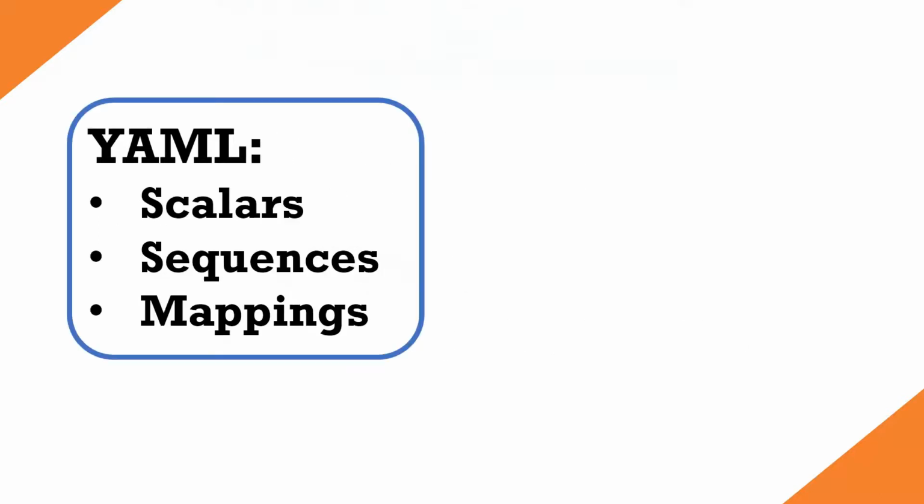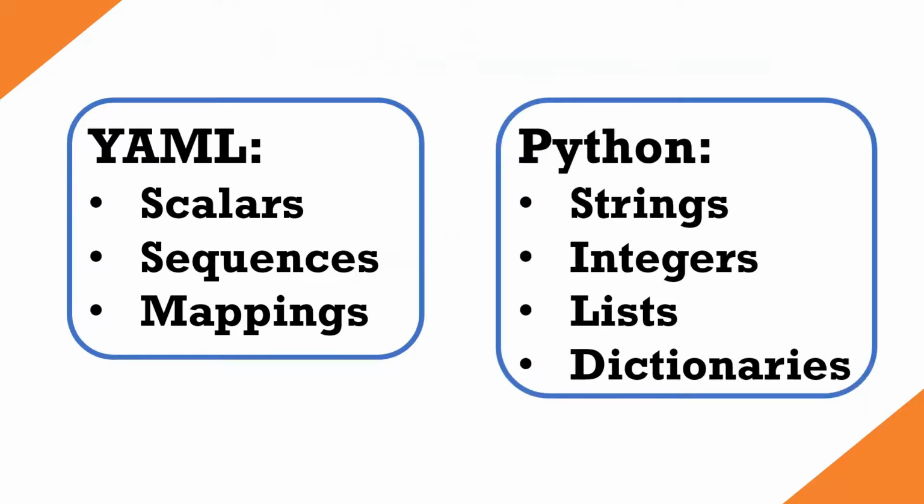The basic native data structures are scalars, sequences, and mappings. At the risk of explaining YAML too simplistically, this means that we can store data using the YAML syntax rules and import that into Python as the trusty data types that we're already aware of: strings, integers, lists, and dictionaries.